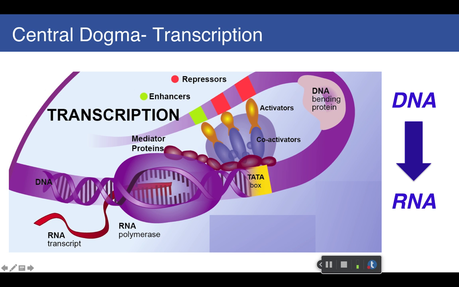Very straightforward. Over here you can see we take our genomic DNA and make RNA. In this process, and we'll go into greater detail on this in a different lecture, on the promoter region you have activators, co-activators, DNA bending proteins, repressors, and enhancers that bind.